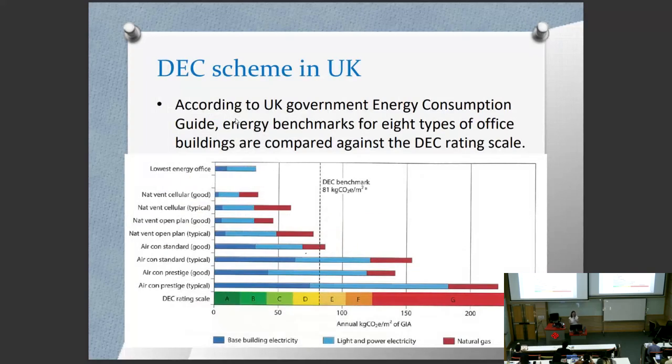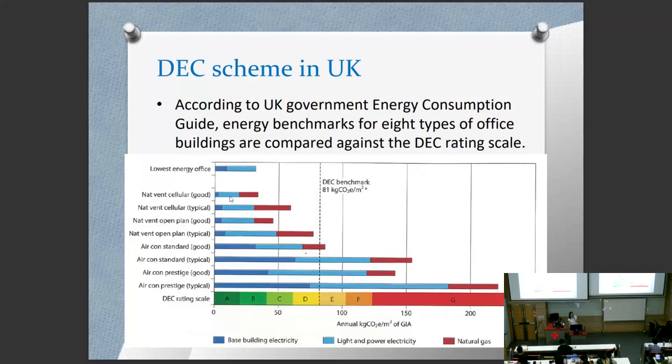According to the UK Government Energy Consumption Guide, energy benchmarks for 8 types of office buildings are compared against the DEC rating scale. So the UK government has a publication demonstrating the energy consumption for different types of building: natural ventilation, good performance; natural ventilation, typical performance; natural ventilation, open plan, good; and air-conditioned buildings.